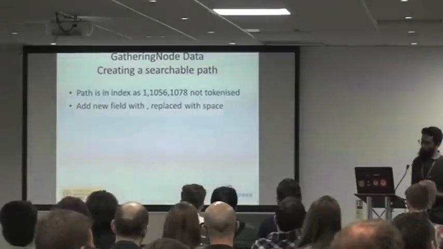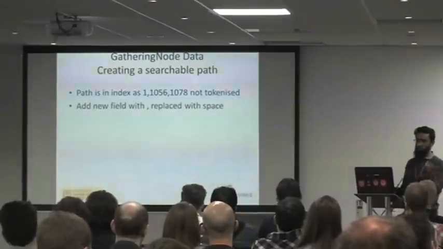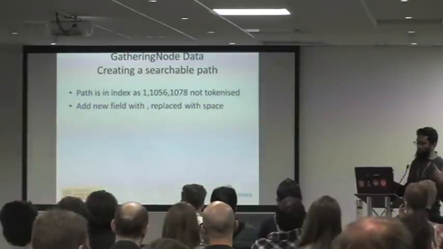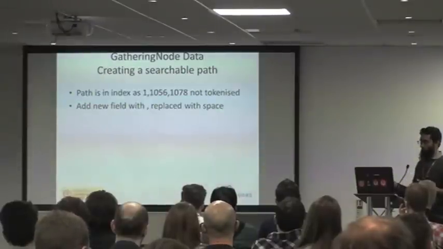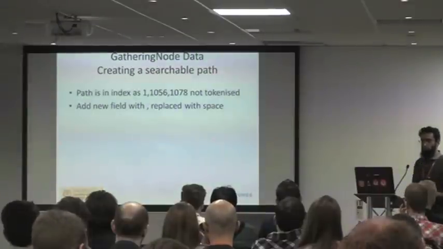So if you want to do a search where all your nodes contain 1056, which is the parent, for example, for a particular section, it's not going to work. But what you can do is, again, using the gathering node data event, get that path, strip out the comma, replace it with a space, and shove it maybe into a new field, and then you've got that searchable path field, and you can start doing queries on that.